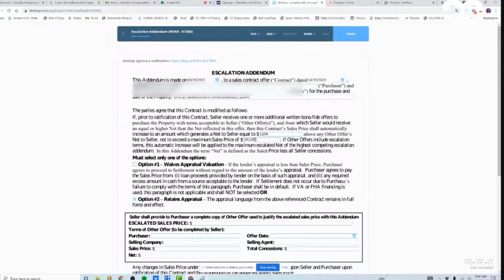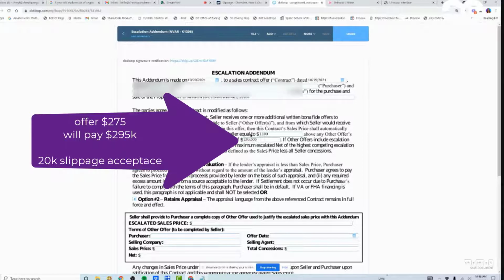And in real estate, to make sure that we win, we fill out something called an escalation clause, an escalation addendum. It's a document that says you're offering them $275,000, but you're willing to pay up to $295,000 in increments of $1,100 more than the other best offer.